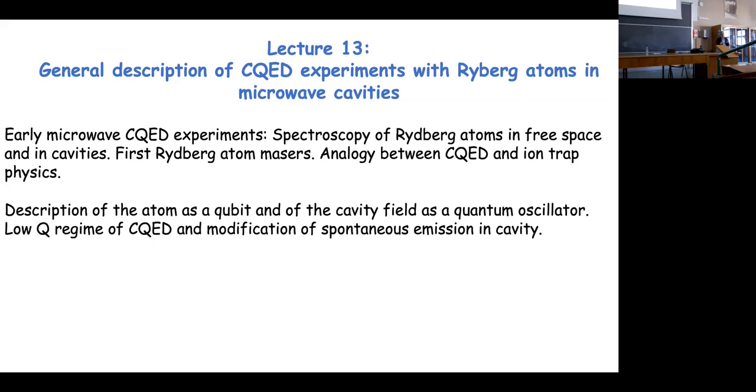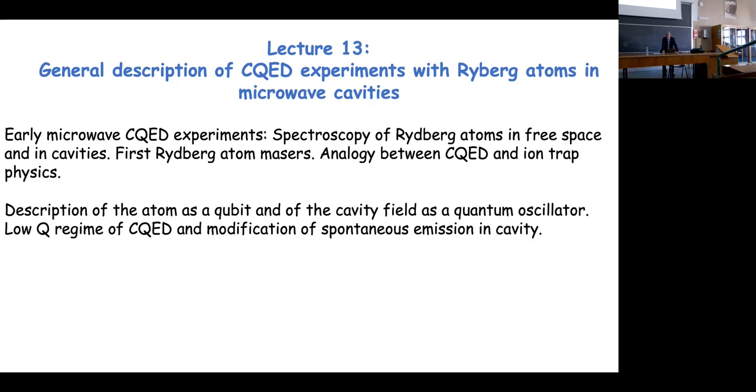So when you couple a spin to a harmonic oscillator, you can describe the physics in a very simple and clean way, and all the quantum effects appear very simply in the theory. It is much more difficult to get the effects in the experiments, as we will see, but I will describe how we did it.